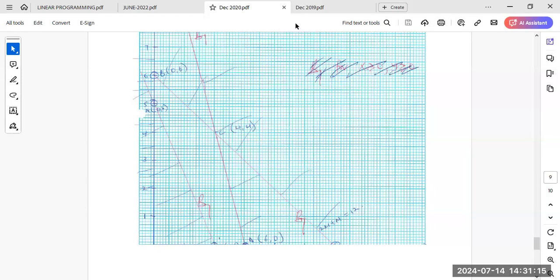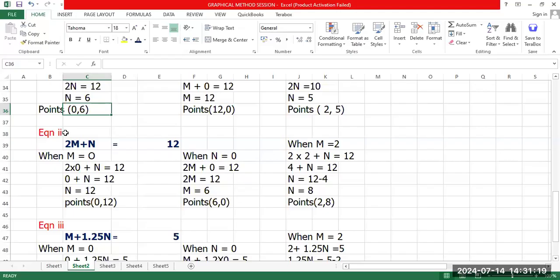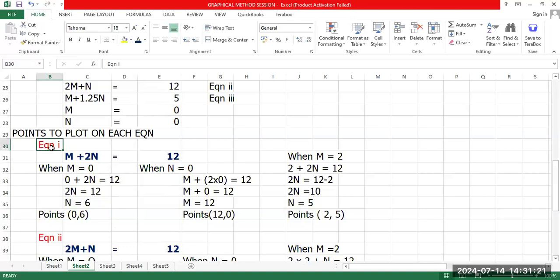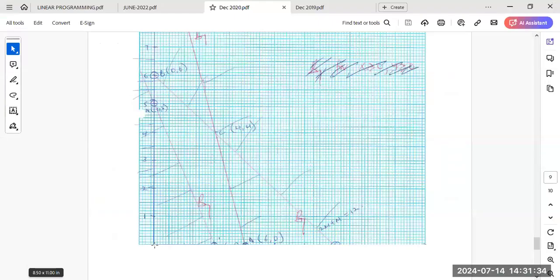This is your point from your first equation. You need 0 on the horizontal axis and 6 on the vertical axis. This is where you find 0 on this starting point, then move upwards and look for where 6 is. 6 is here. So put a plus.